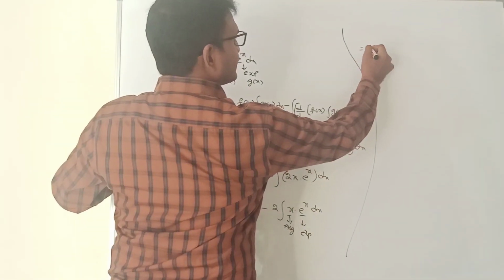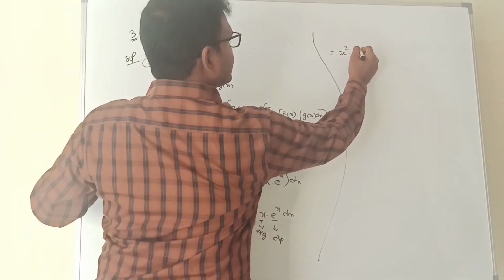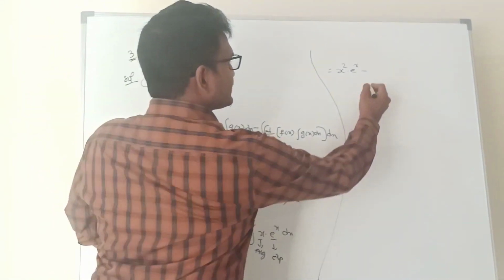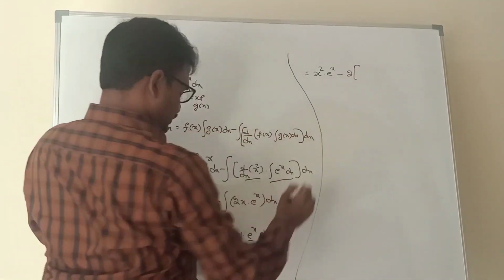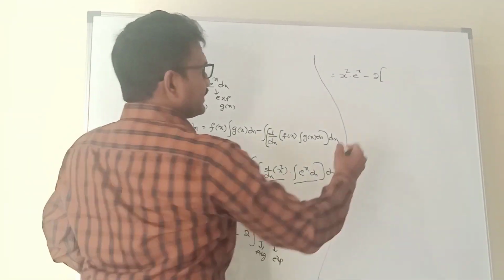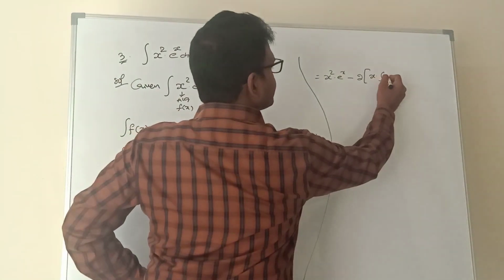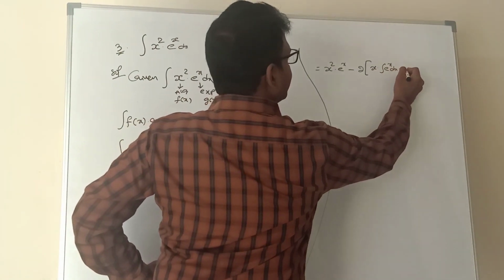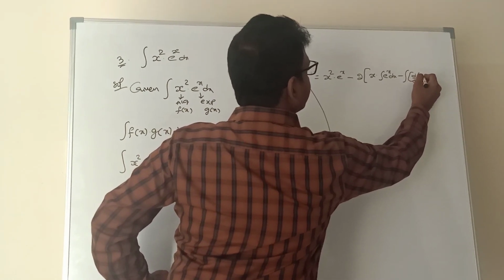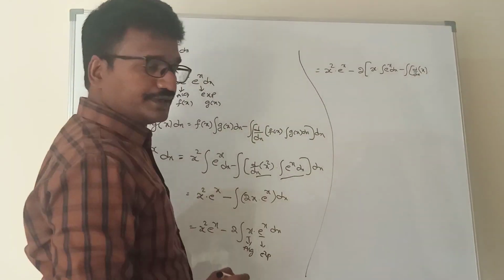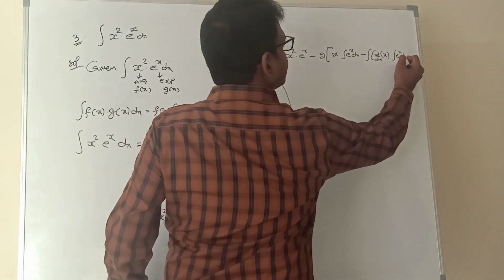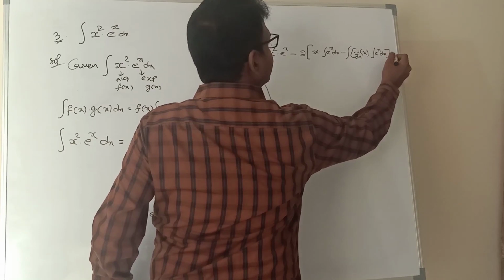x square into e power x minus 2 into, applying this formula, f(x) into the integral of g(x), which is e power x, minus the integral of the derivative of x, d by dx of x, into the integration of e power x, dx.